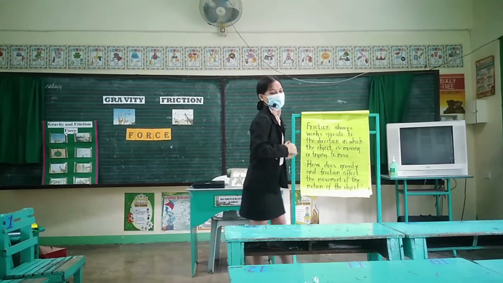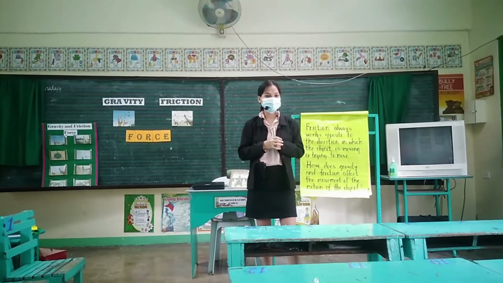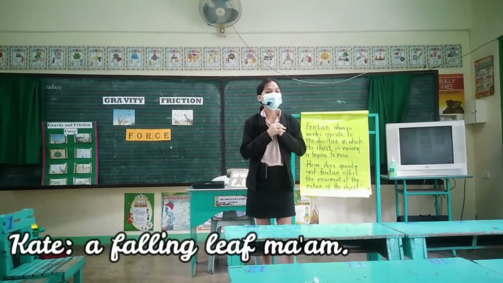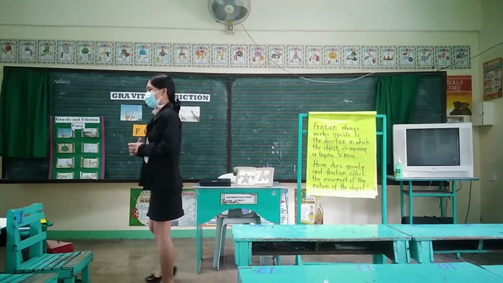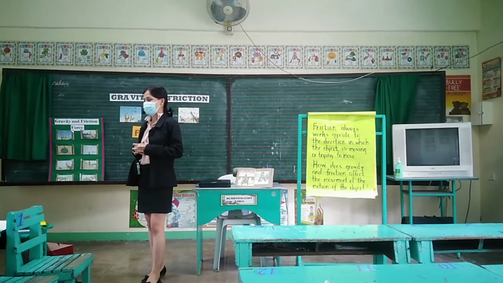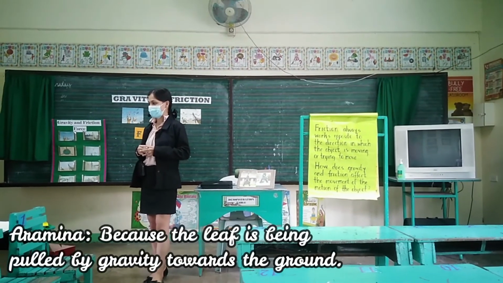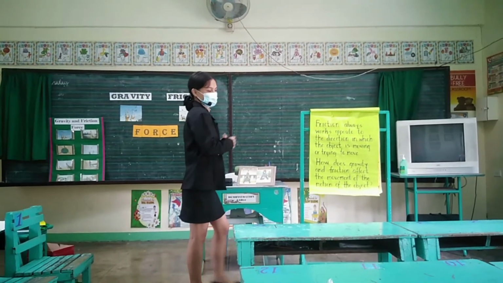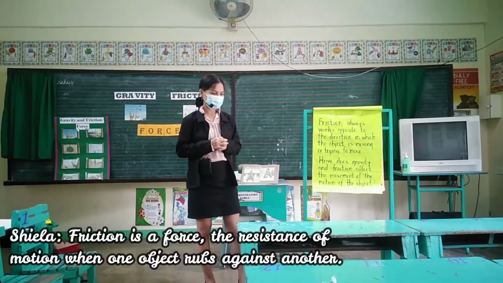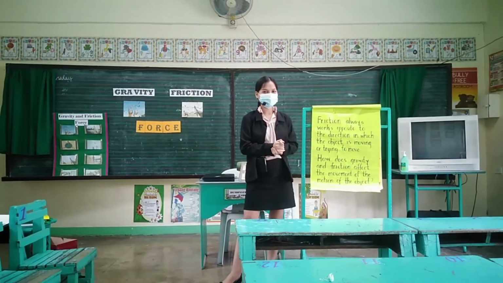That's correct. Can you give me one example of gravity? Very good. Okay, Aramina. Why do you think a falling leaf is an example of gravity? Very good. How about friction? Please, Sheila. That's correct.